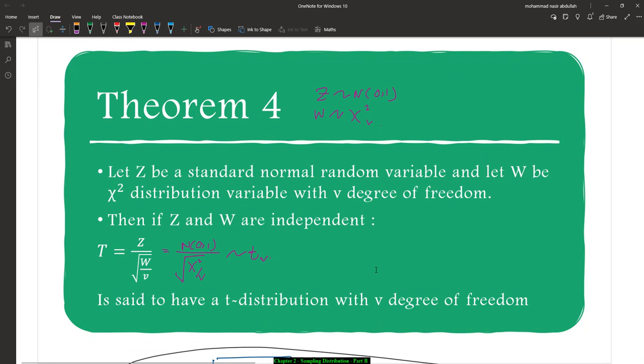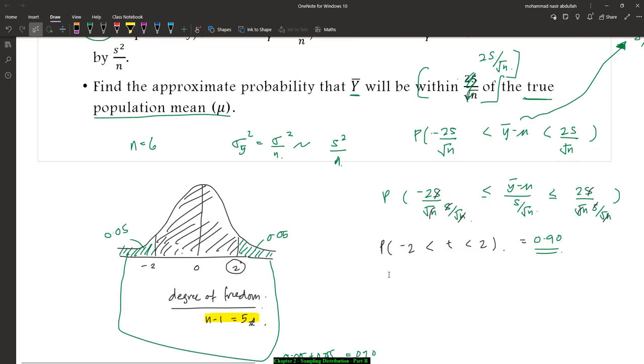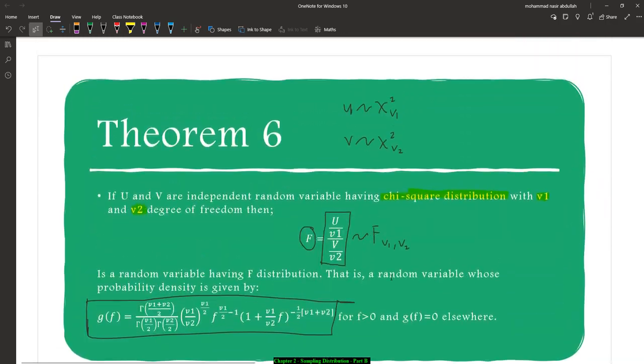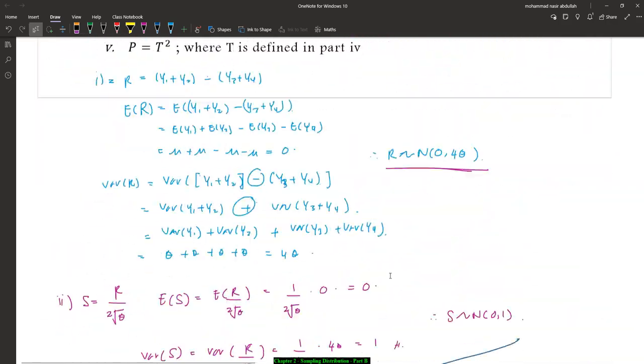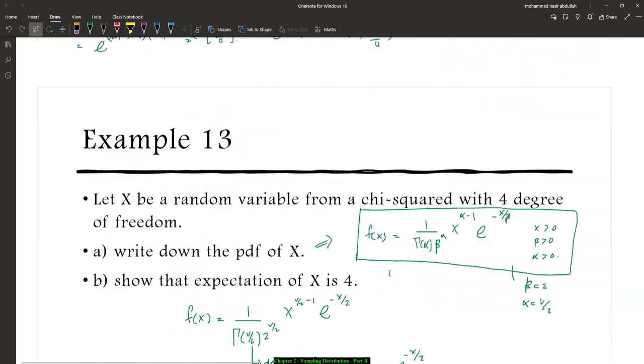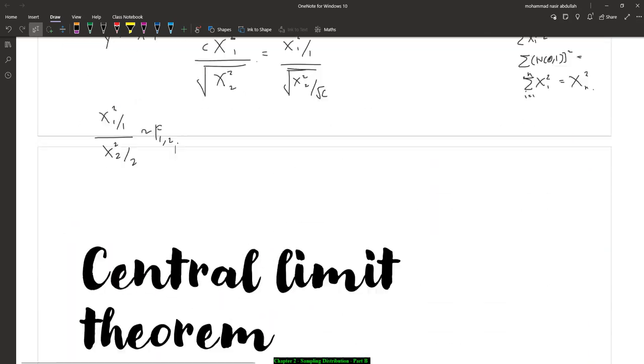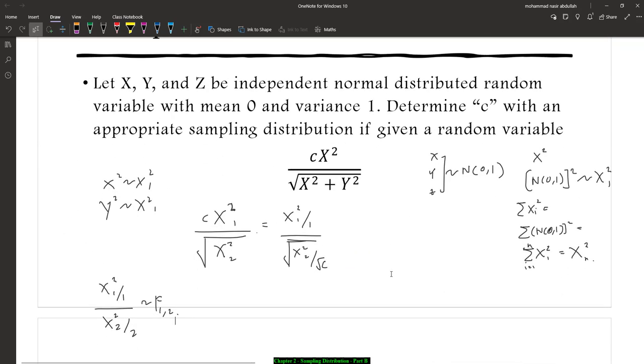But it cannot be theorem number 4 because of the X squared there. Yup, we just refer to theorem number 6. So by this one, it's supposed to lead like this. There must be a square root here as well, right? So I think it needs a square root here.